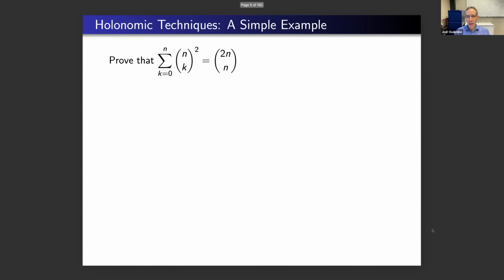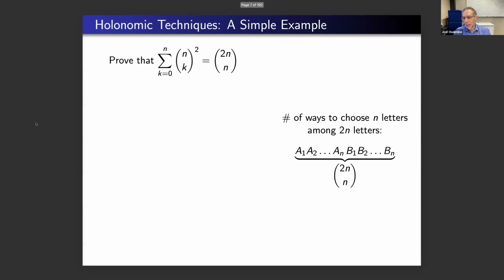So let me just start with some examples. Suppose that you're trying to prove an identity, such as the identity you have on your screen there: the sum of binomial coefficients squared is equal to 2n choose n. Well, on the right-hand side, you have the number of ways you can choose n letters amongst 2n letters, and there are 2n choose n ways to do that.